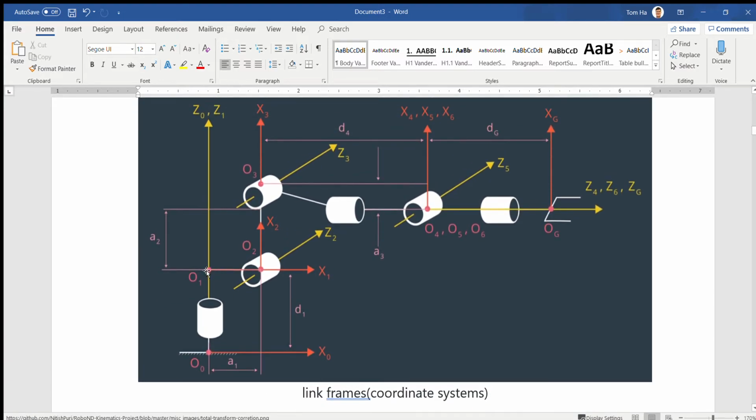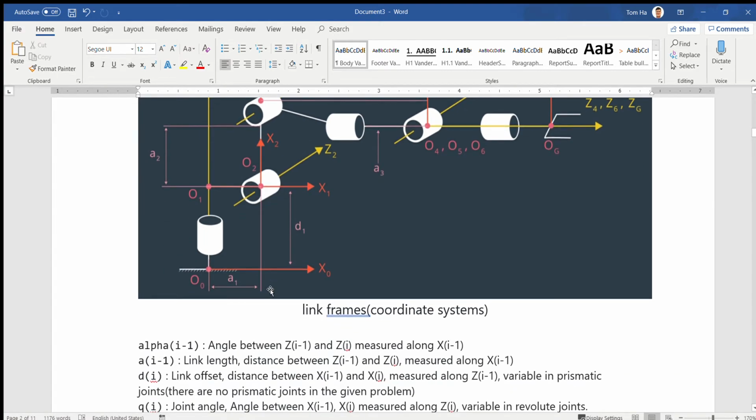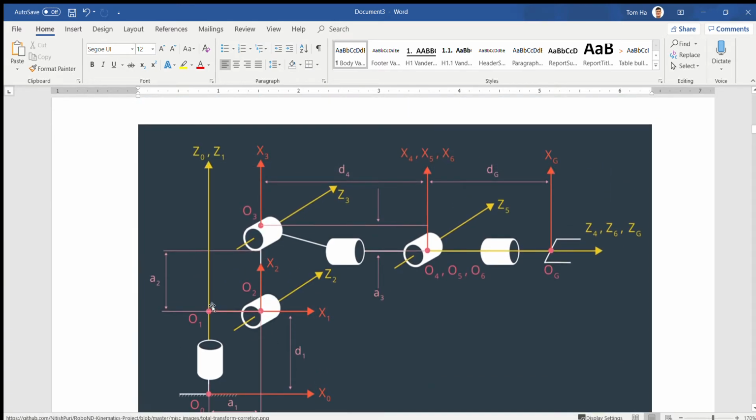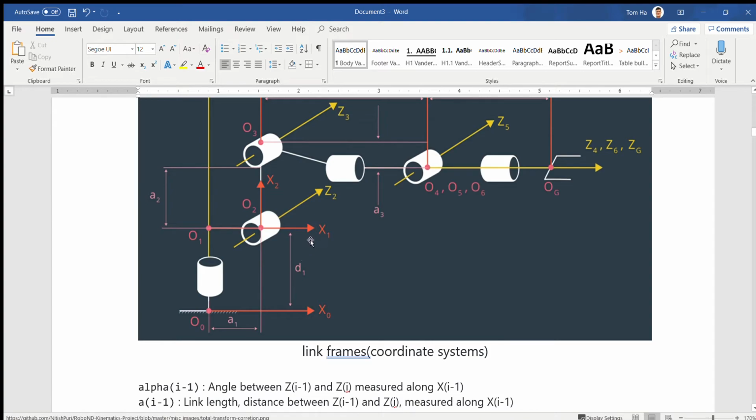For example, Z from 1 to 2, how about the A? 1 to 2 means Z1, Z2 right here. So the distance right here.